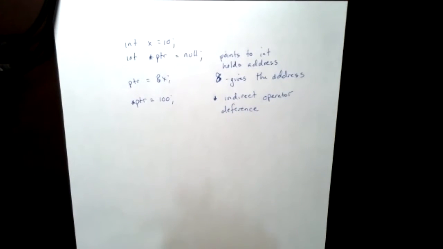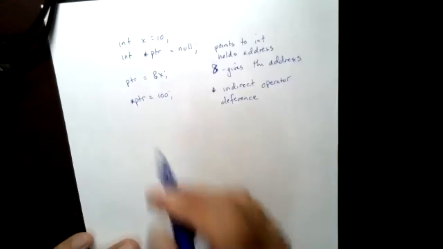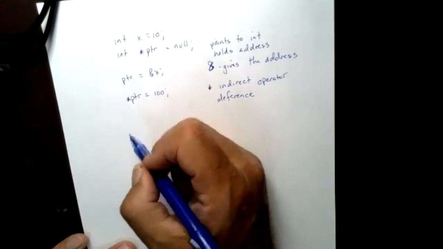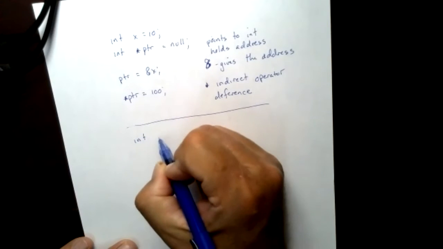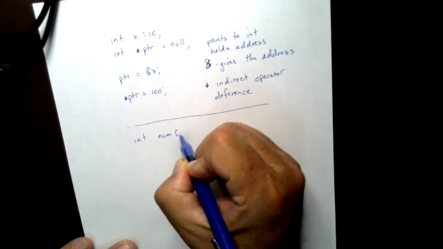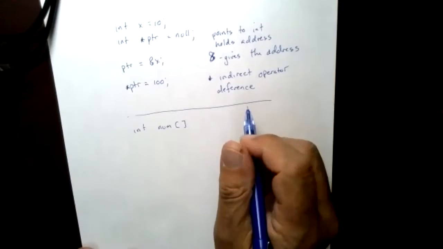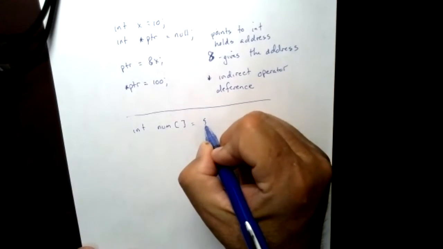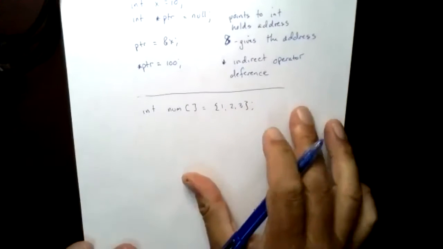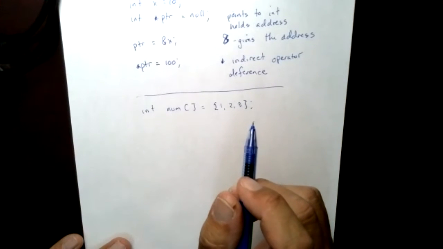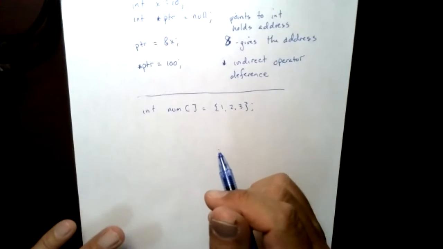Okay, still making some notes. I have some things going on. We got into, let's see, after that, we started looking at some arrays. If I said int num asterisk, then I could even give it some values, 1, 2, and 3. And let's see, tie some array stuff in with this.